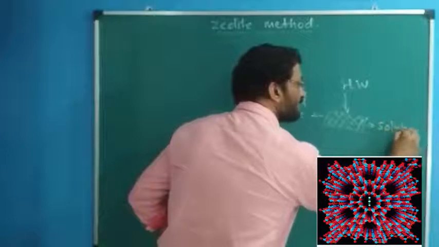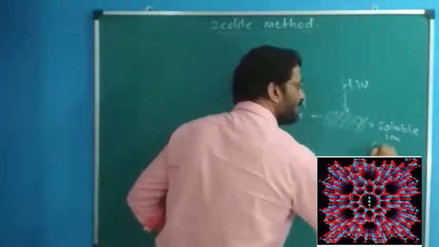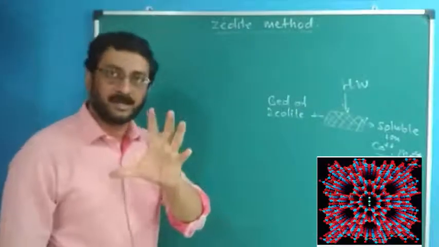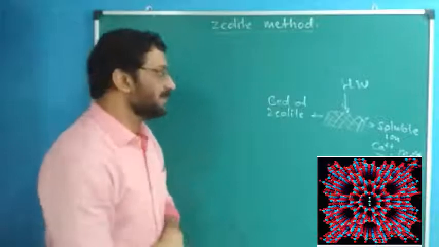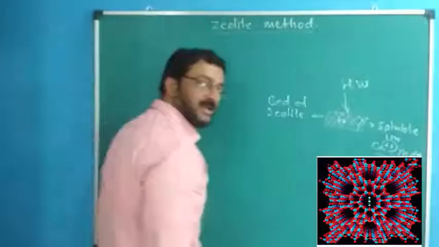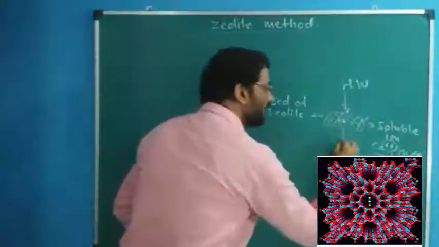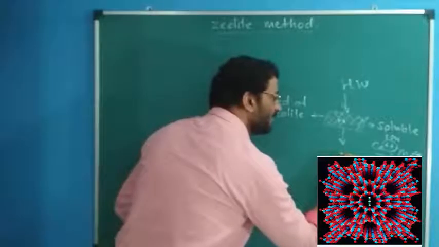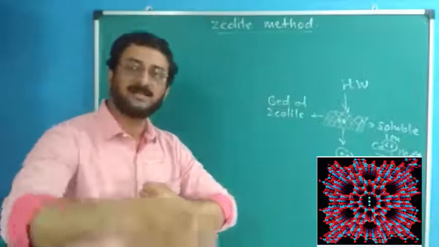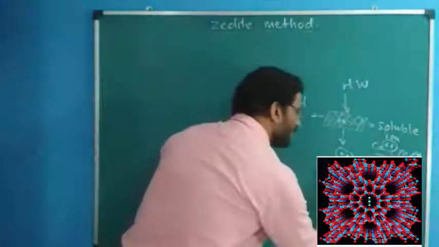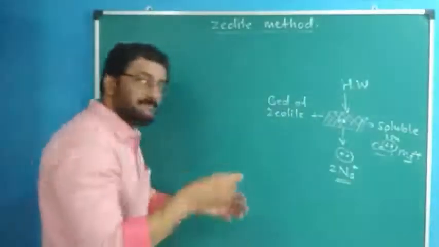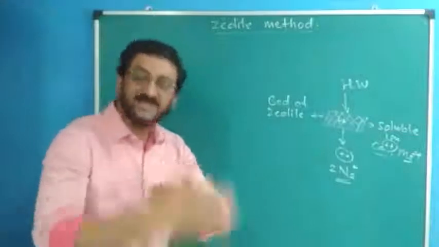These soluble ions present in the hard water sample are captured by the bed of zeolite. Two positive ions are captured by this bed of zeolite, and in exchange of that, to balance the reaction, it gives out 2 positive ions. 2 are taken, 2 positive ions are released, and these are 2 sodium ions. These 2 Na+ ions present in the bed of zeolite are exchanged in the reaction.